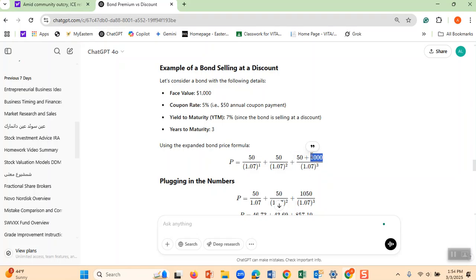If someone wants to buy it from you, you know that in 1 day not a lot of things happen, and there are not that many coupon payments left. Therefore, when you sell it at that time, the price of your bond would be very close to $1,000.